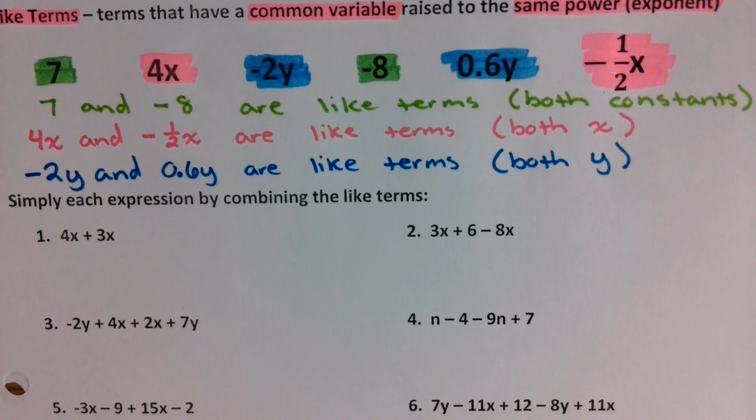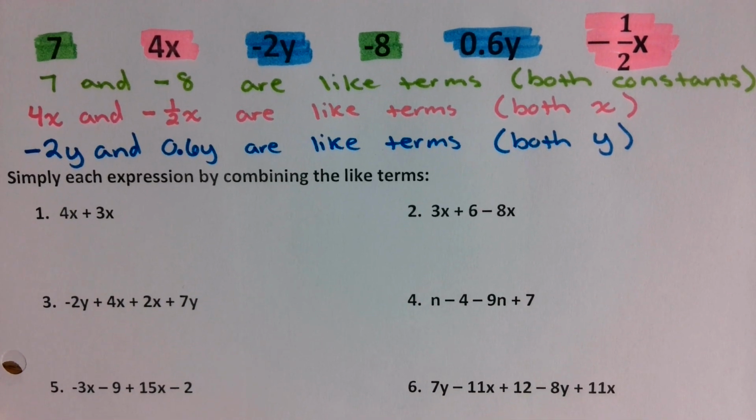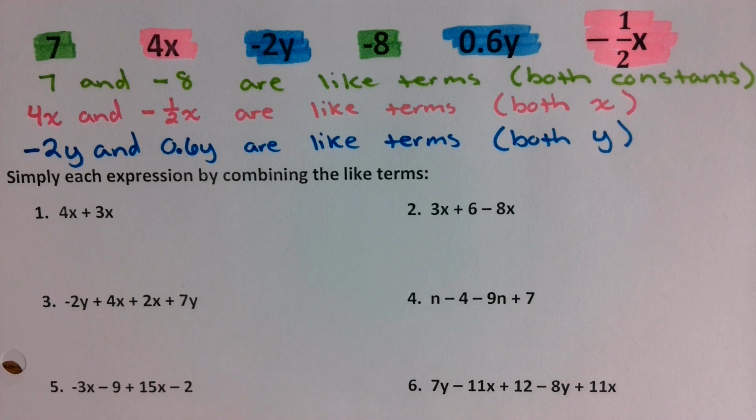So knowing what like terms there are helps us to be able to simplify expressions because we can combine like terms together. If you know you have apples over here and apples over there, you can combine your apples together to have a combination of one pile, right? Has anybody ever separated their toys out when you were younger?